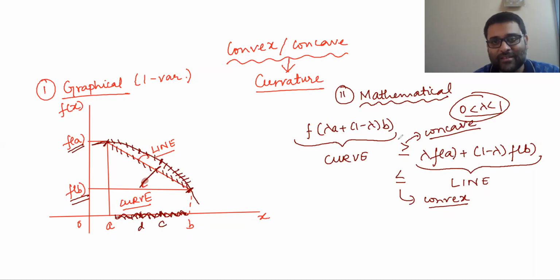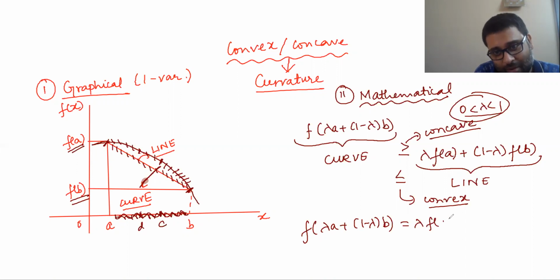If this is greater than or equal to this, then it will be a concave function. And when F of lambda A plus 1 minus lambda B is equal to lambda FA plus 1 minus lambda FB, that is the case of a convex and concave function.